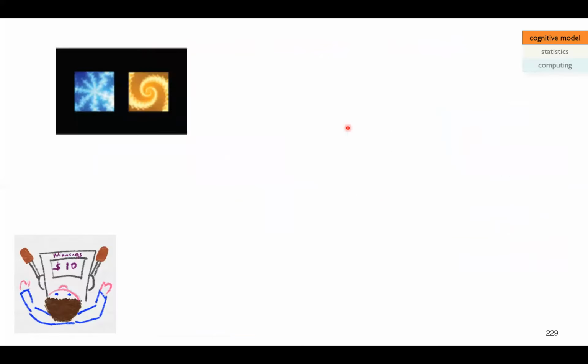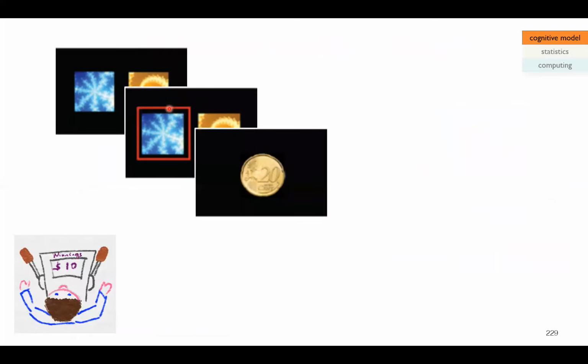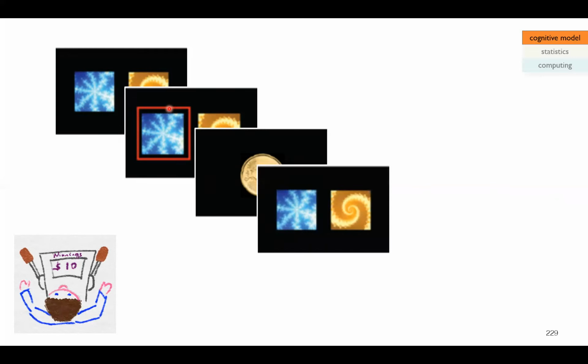So usually what we do in this kind of decision-making paradigm is that we show people multiple choice options, in this case 2, and then participants are about to choose one of them. And after making the choice, as the framework illustrated, they will receive feedback. So in this case, to get a reward, 20 cents, and then they will do this repeatedly.